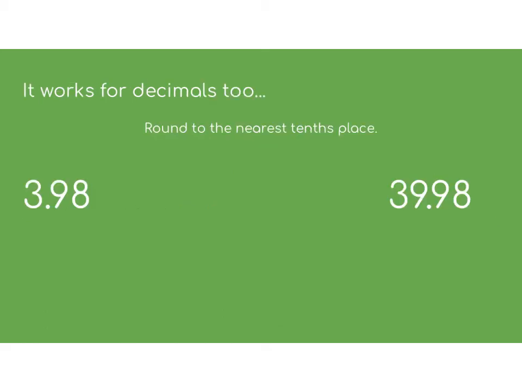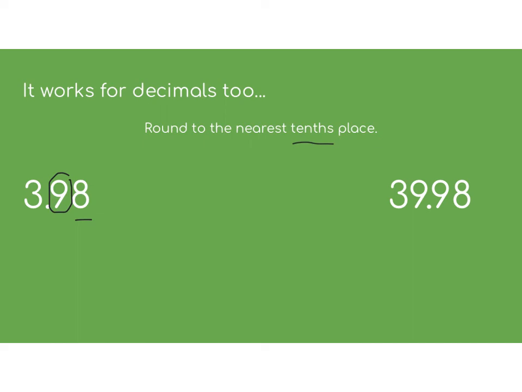Let's try this. Again, it works with decimals and it works with whole numbers. We're going to round these numbers both to the nearest tenths place. Here's the one we worked on the last page. So I'm going to circle the 9 because it's in the tenths place and underline the digit to the right. 8 is a round up number.